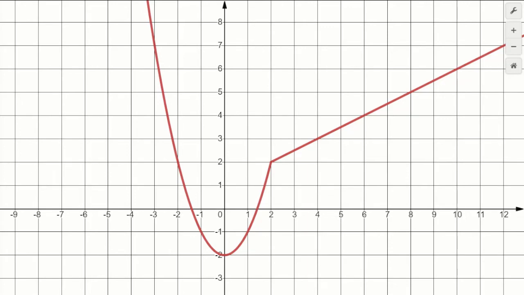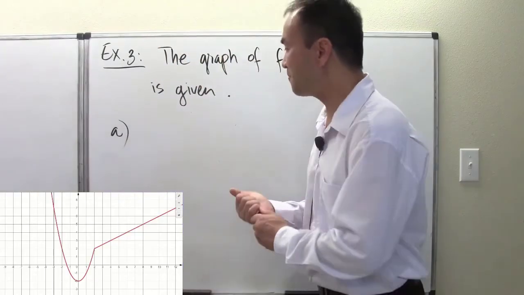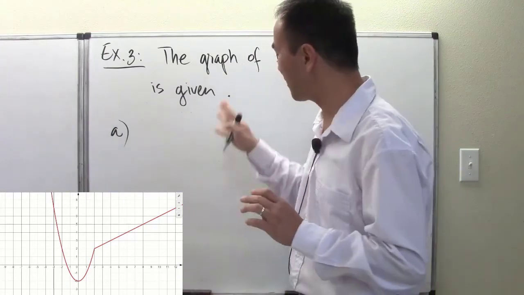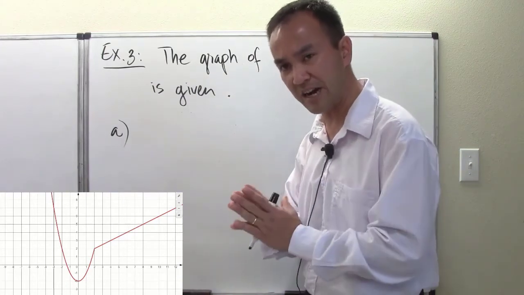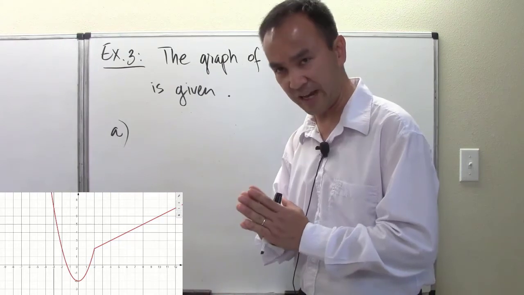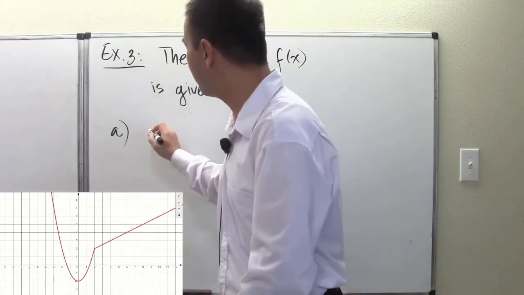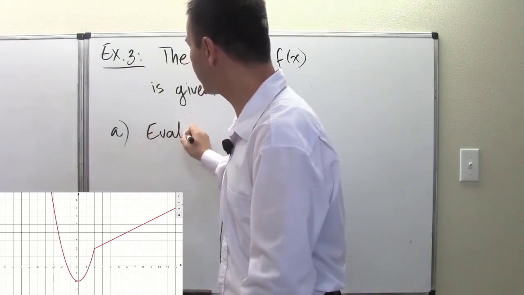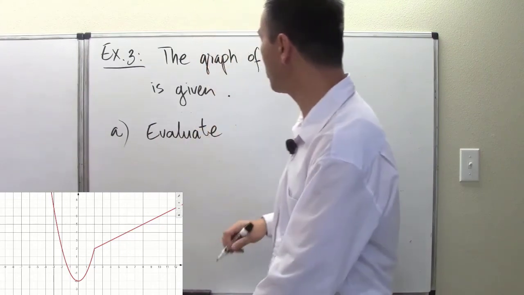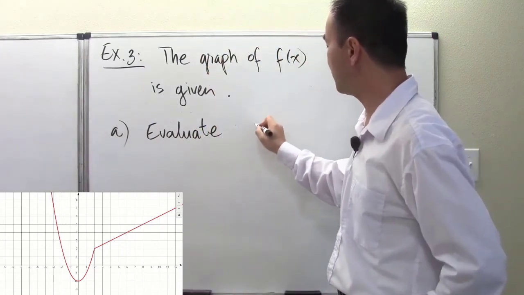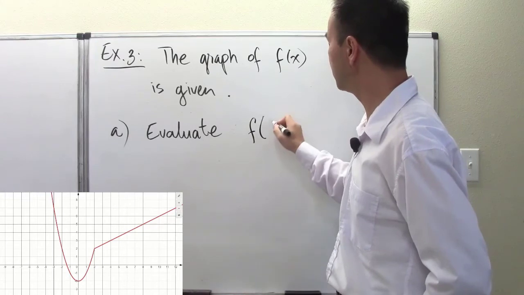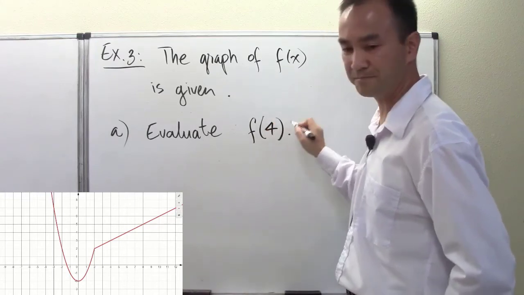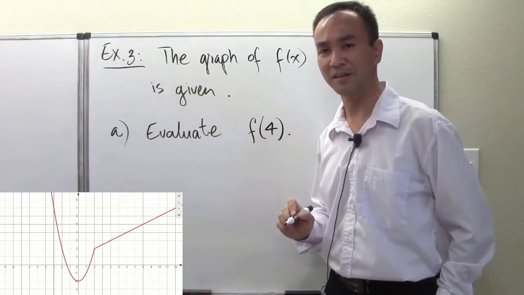So now we want to evaluate from the graph that represents the function f of x. How about f of 4? F of 4.